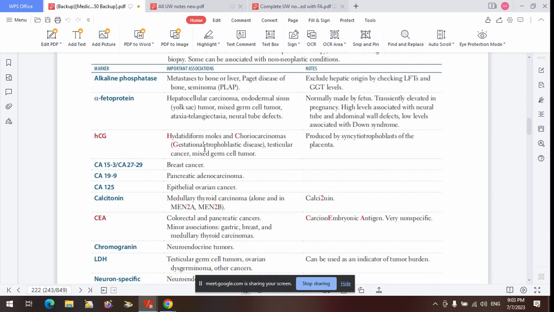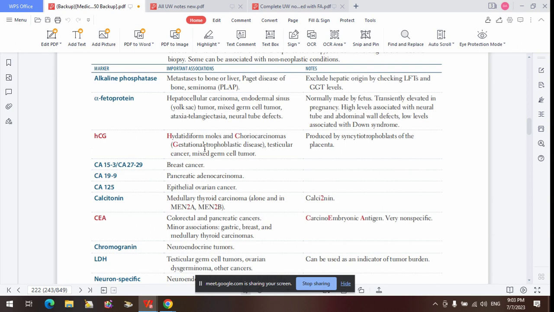By the time there's an opening in the brain or the abdominal wall, it can find its way into the amniotic cavity, and from there it can travel to the maternal blood and be elevated. That is why people with neural tube defect and abdominal wall defect like omphalocele or gastroschisis all develop elevated AFP. The only condition where alpha fetoprotein is decreased is Down syndrome.